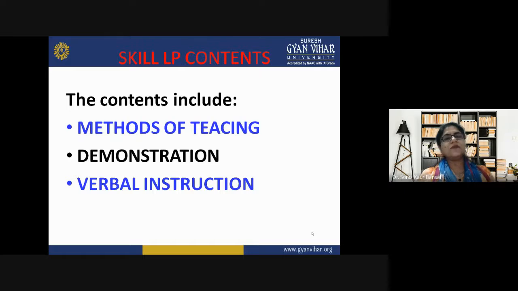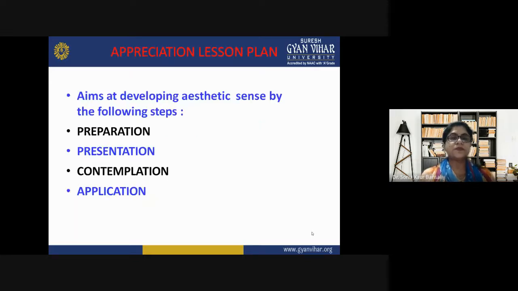If I want a good listening skill among my students, I have to demonstrate that good listening skill: how you listen and how you respond. So it is demonstrated by the teacher, then verbal instructions are given to the students to enhance those skills.